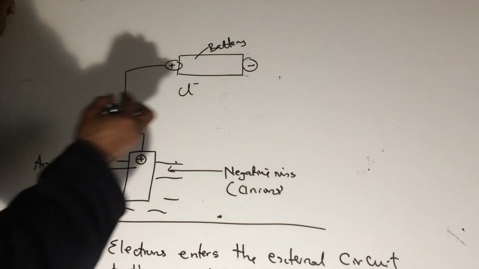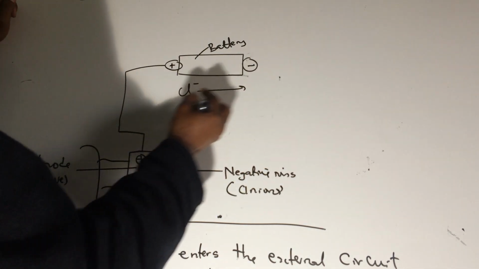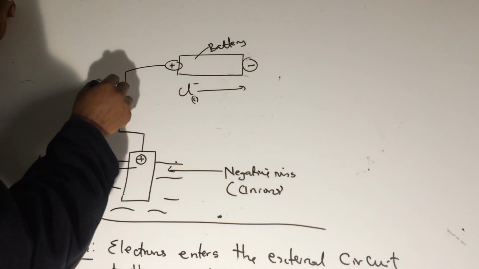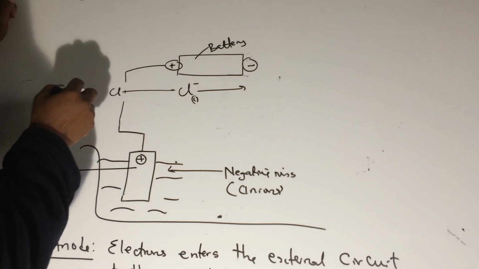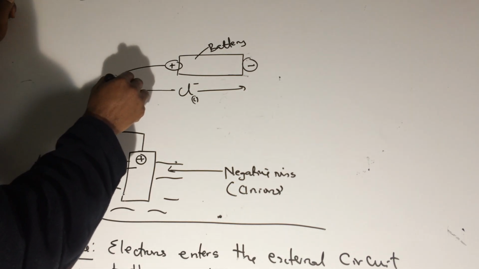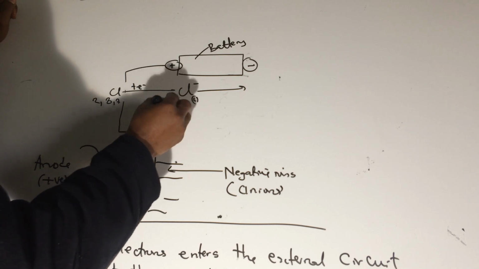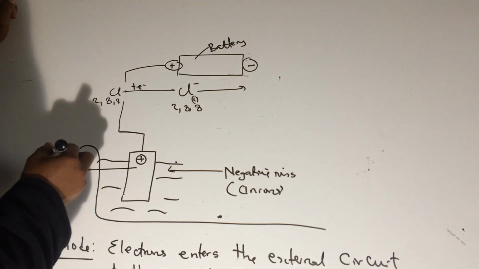Let's say the electrolyte is molten sodium chloride. Before, this was chlorine with electron arrangement 2, 8, 7. It gained an electron before from a cation and becomes 2, 8, 8.